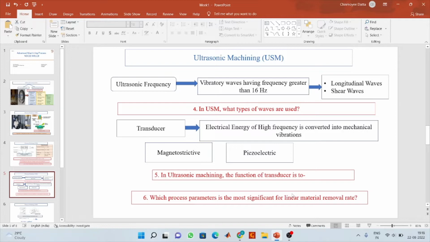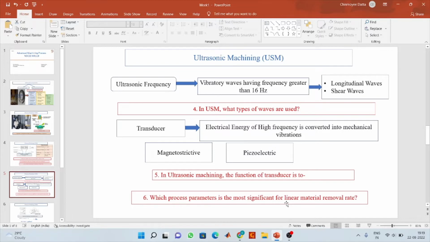From that discussion we can say the amplitude of vibration has a great effect on the whole ultrasonic process and the whole material removal process. So we can answer this question: which process parameter is the most significant for linear material removal rate?